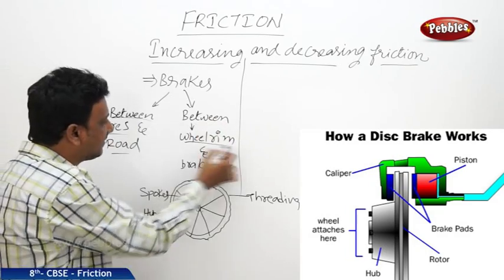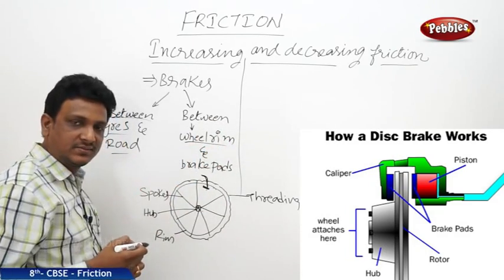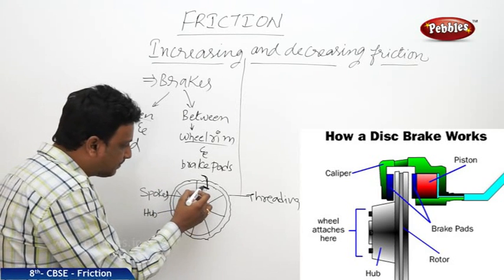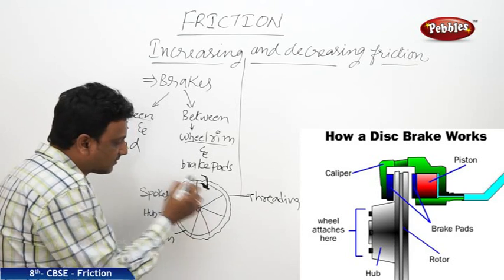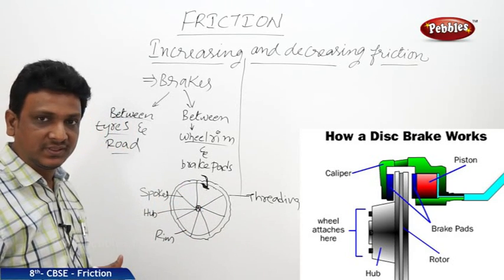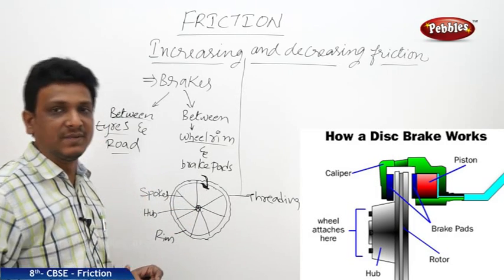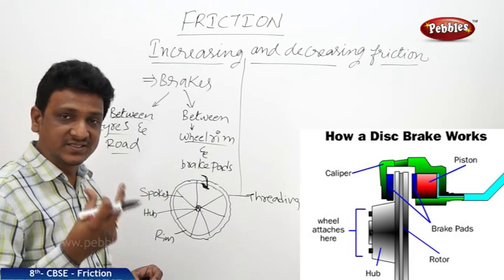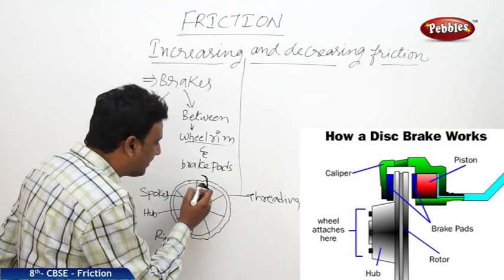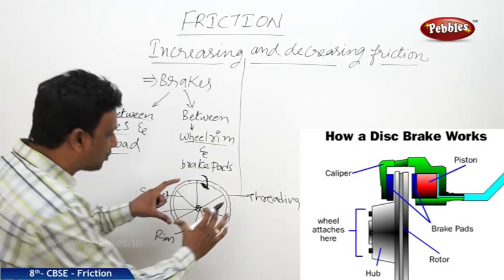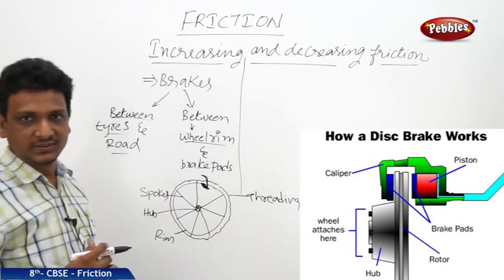The other is between the wheel rim and the brake pads. When the brake is applied, these brake pads will go up like this. They will come in contact with the rim. The brake pads are made of rubberized material, which has more friction. It will come in contact with the rim, and by that the rotation of the wheel is stopped.